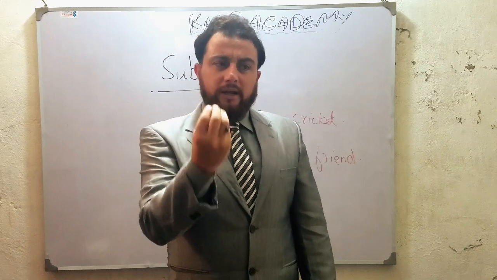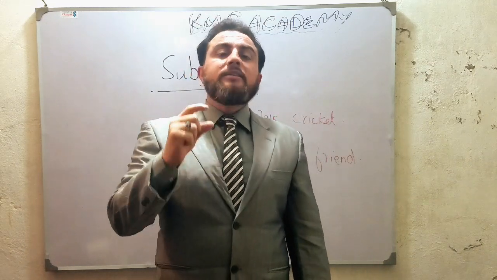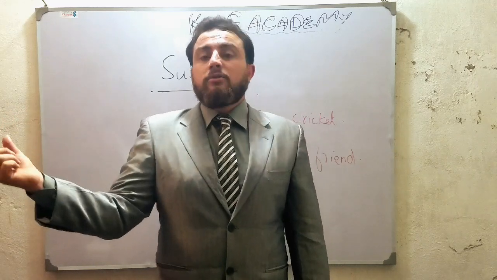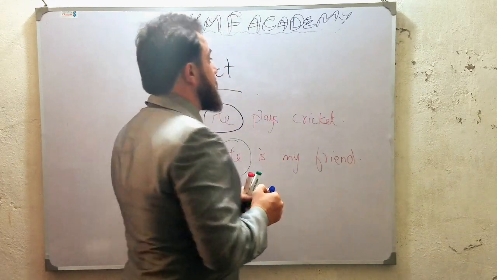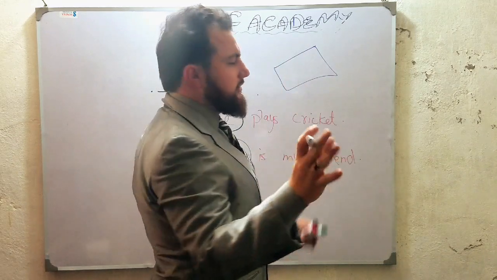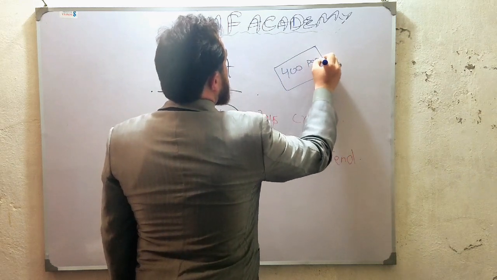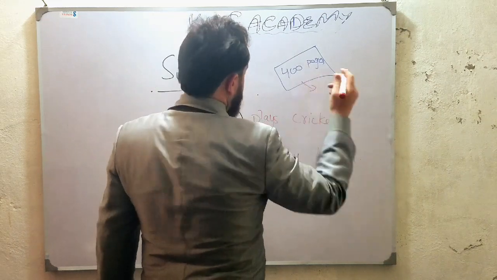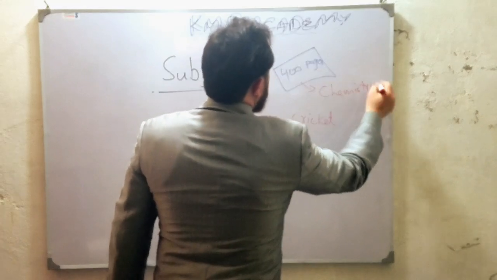But the very basic concept is that when we talk about subject, we say anything which is specifically discussed is called the subject. For instance, suppose there is a book of 400 pages, though my drawing is very weak, and this book is the book of chemistry.